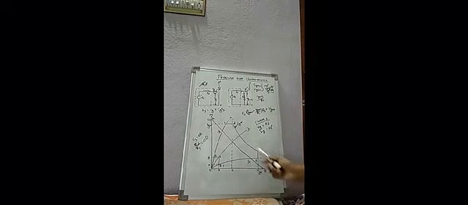So the gradient of the load line AD, load line being the locus of all operating points, is equal to OA divided by OD. This gradient of load line will give the required gate source resistance Rs, because OA represents voltage and OD represents current. So voltage by current gives you resistance.